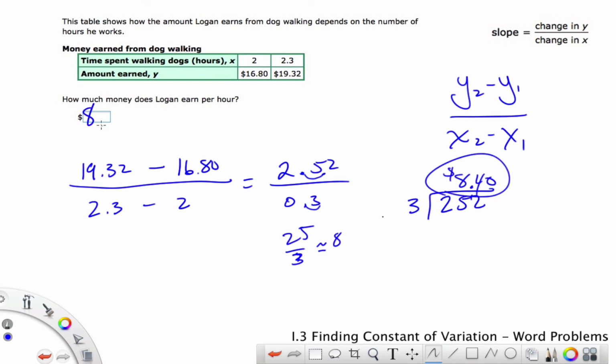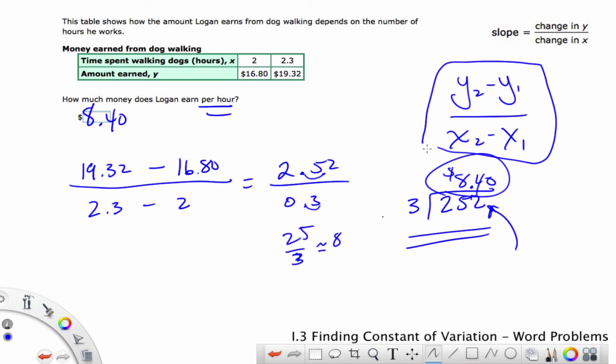So $8.40 per hour. So again, I ignore the decimals, I do the short division, and then I put the decimals back in based on an estimation. And I'll have some videos there you can check out to see how that works as well if you want some extra help. That's it. That's the constant of variation. It all comes back down to this formula, otherwise known as the slope.